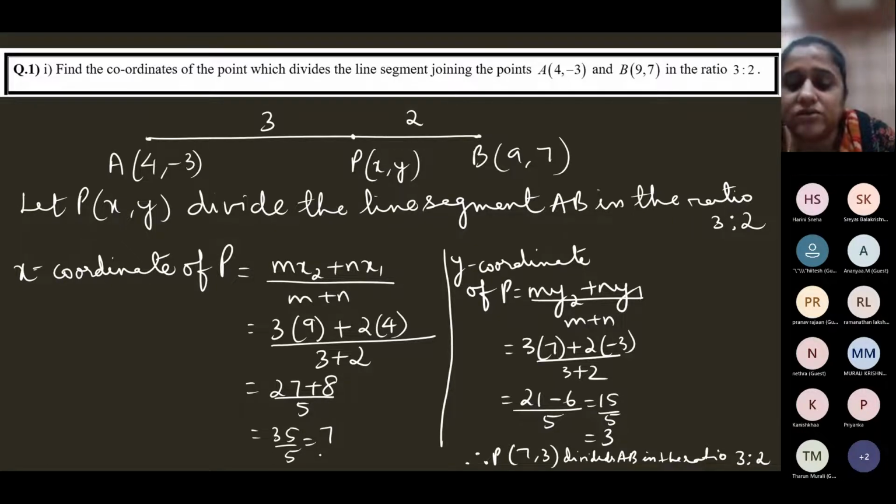So P is given by the address (7, 3). So P (7, 3) divides AB in the ratio 3:2. So this is how we use the section formula to find the address of a point, to find the x coordinate and the y coordinate of a point that divides a line segment in a specific ratio.